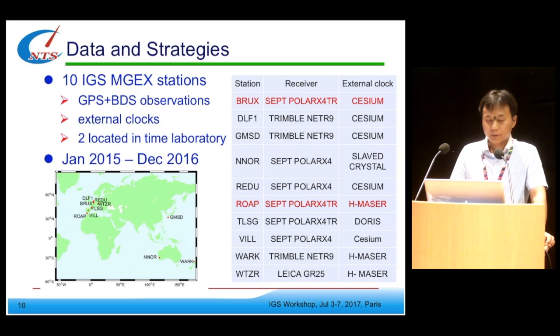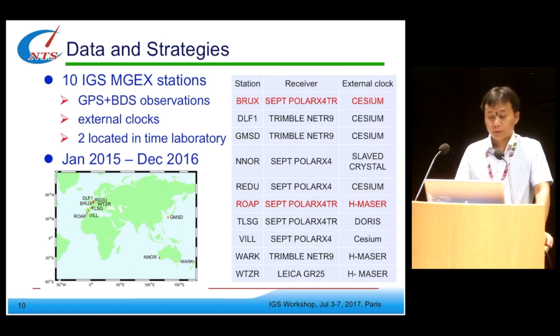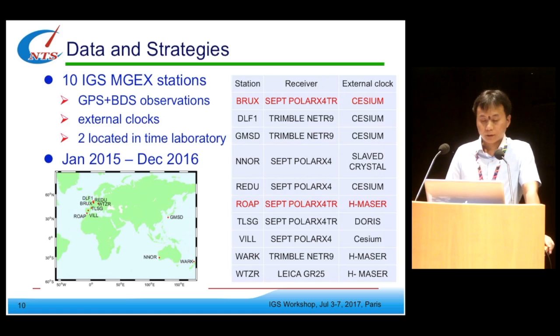The data span is from January 2015 to December 2016. And 7 of the stations are located in Europe, and the other 3 are in Asia and Oceania.